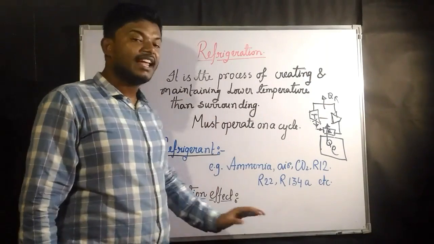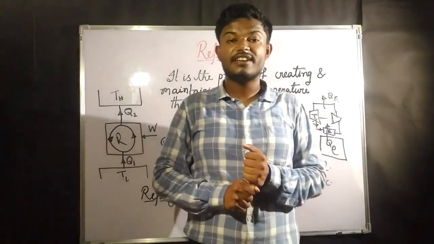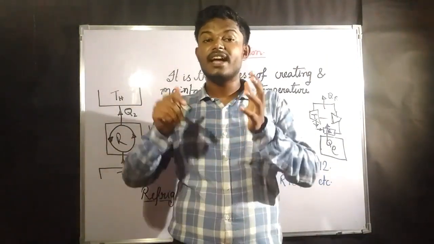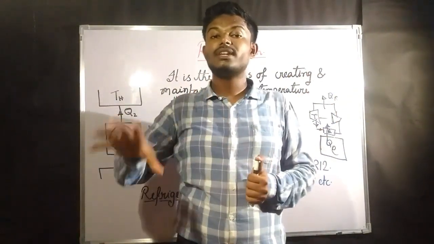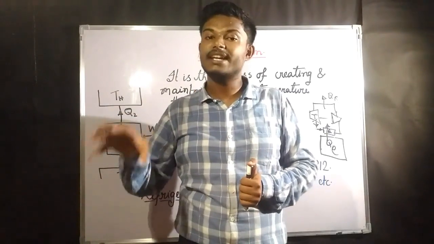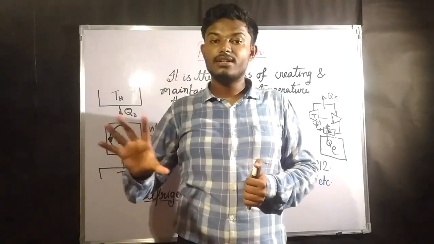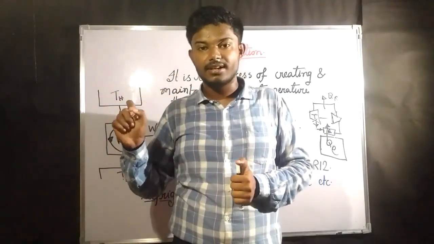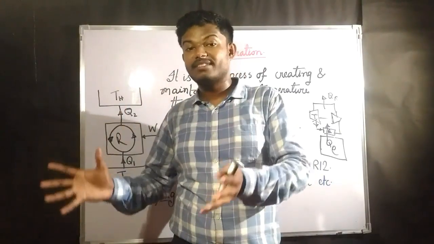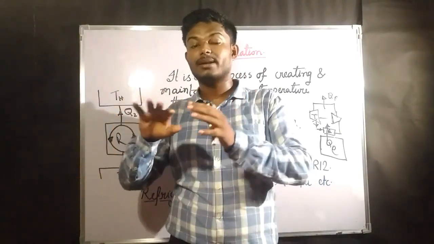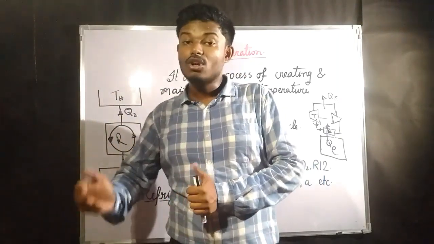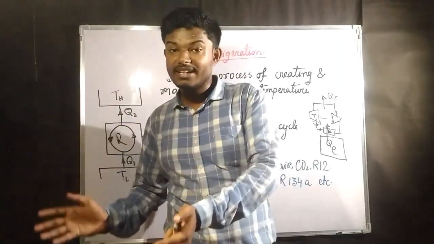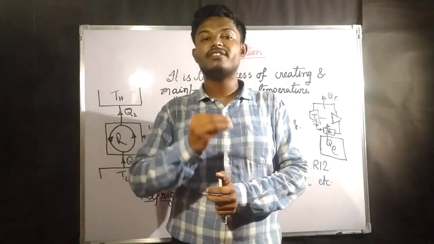Now, refrigeration effect. What is the refrigeration effect? Refrigeration effect is the amount of heat that is taken out from the space so that we can create the temperature we need. Suppose we need to create a temperature of 5 degrees centigrade, and the space is presently in equilibrium with the surroundings at, suppose, 27 degrees centigrade.